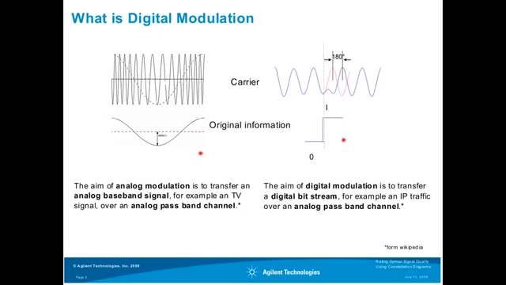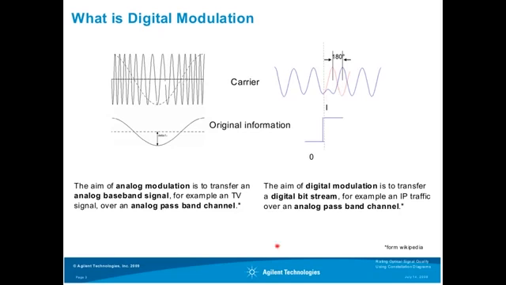On the other hand, in the digital modulation on the right side, we have a sharp transition between the two information units, 0 and 1. And this translates also in the carrier into a sharp transition either of the phase or of the amplitude. In this case, I have shown you a sharp transition of the phase.